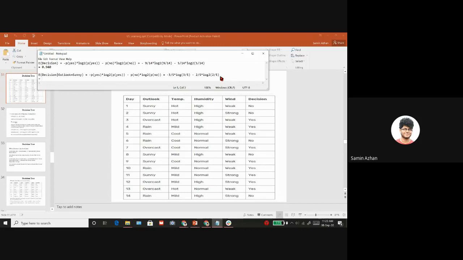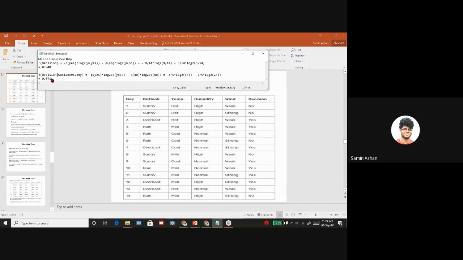If you have a calculator nearby, I would suggest you try it with me, just for practice. Wait, I forgot to put 2 here. Yeah, now it looks good. If you put this in a calculator, you will get 0.970 something. So let's take 3 digits: 0.971.